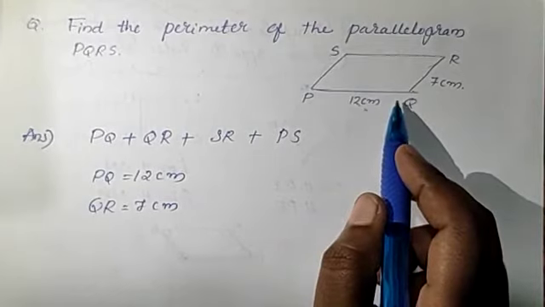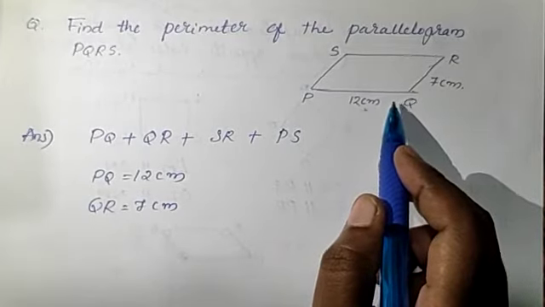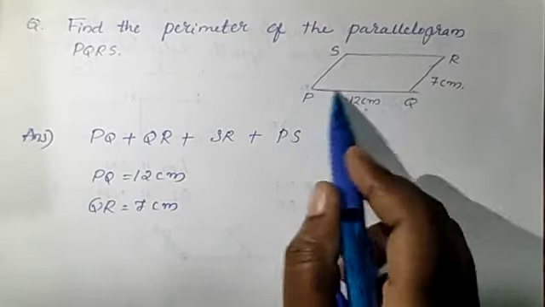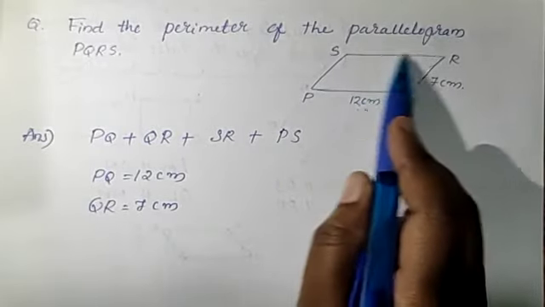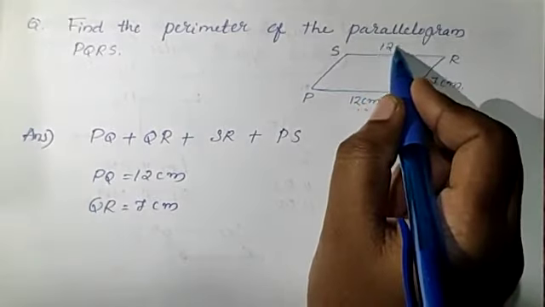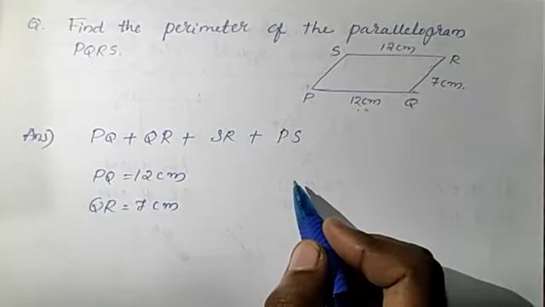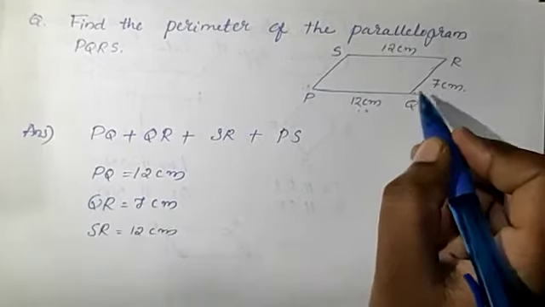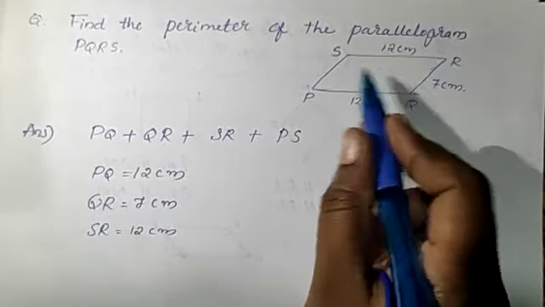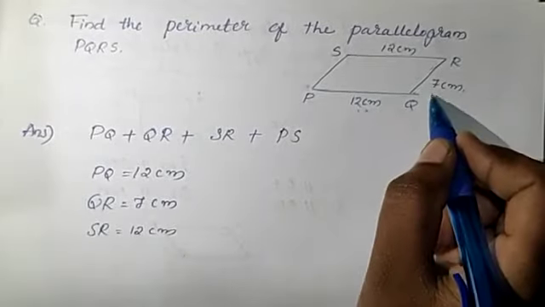In a parallelogram, the opposite sides are equal. So, PQ is equal to SR. If PQ is 12 centimeter, SR is also 12 centimeter. Then, QR is opposite to PS. QR is 7 centimeter.